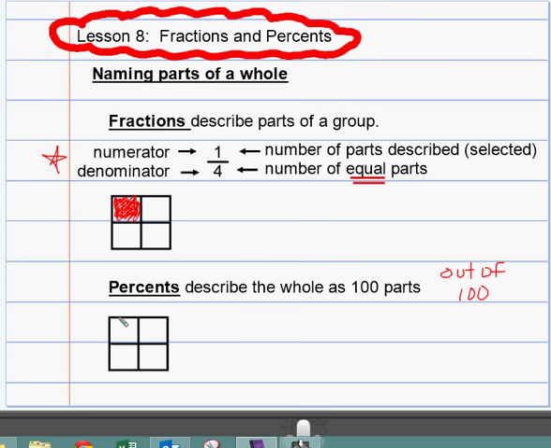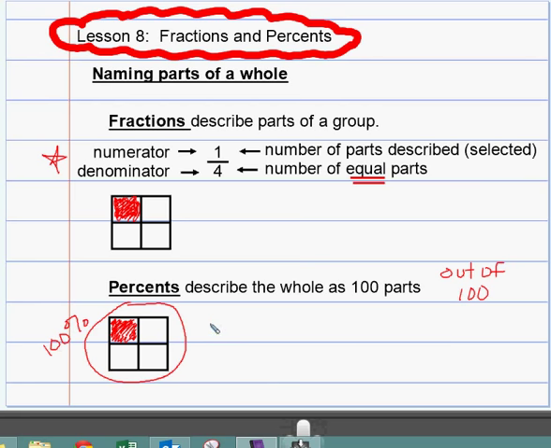So I'm going to shade this in just like the fraction, but we're going to talk about percent. This looks like there's 4 groups, right? But since we're talking about percents, this is 100%. So that square represents 100%.